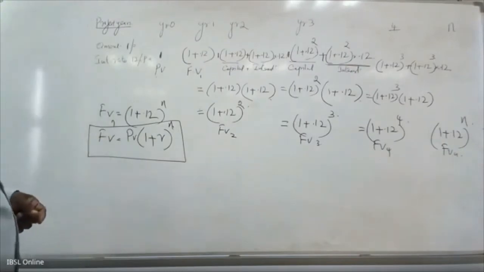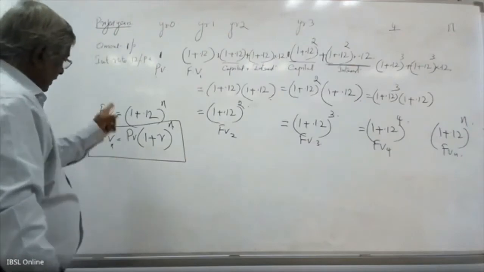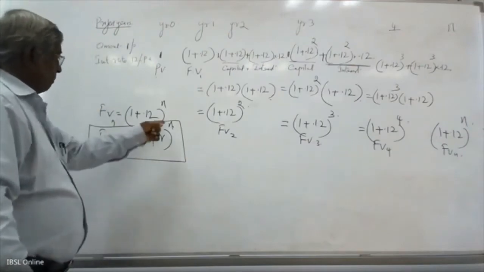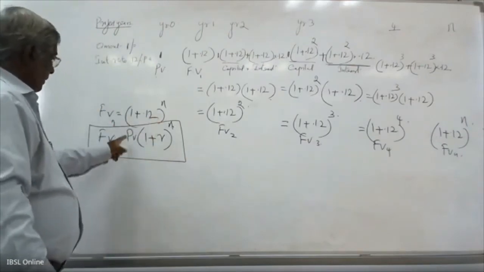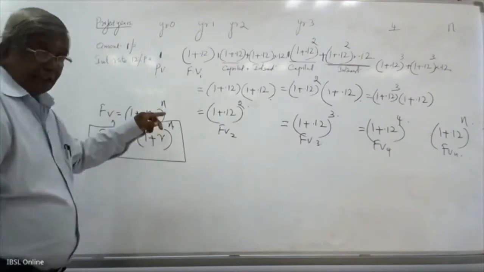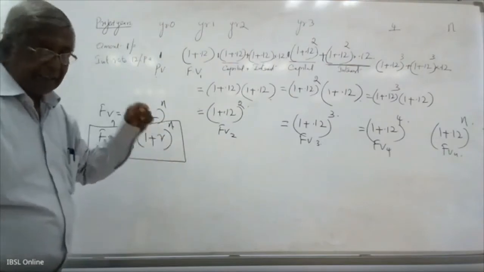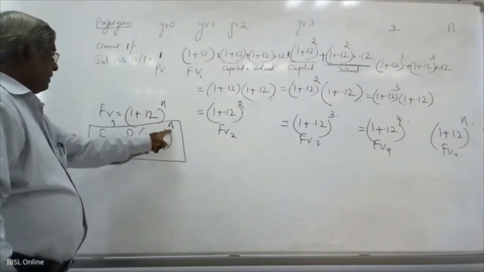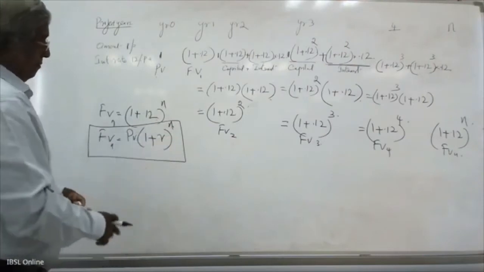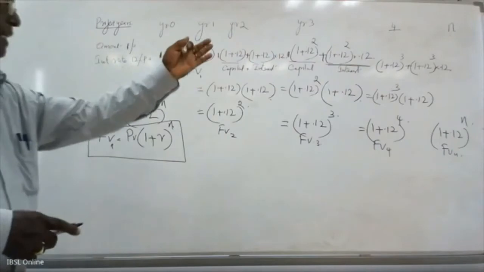So future value in the nth year is equal to present value into 1 plus r to the power n, where PV is the present value of the money, r is the rate of interest in decimal, and n is the number of years. Why are we using this technique?